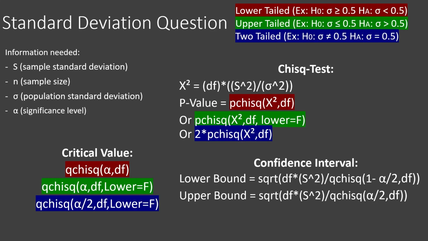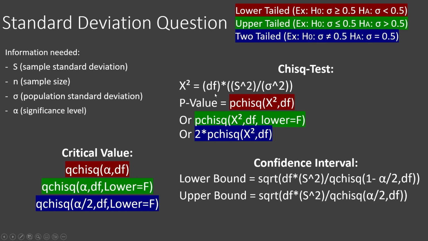And then for the standard deviation question, it's a bit different, actually a lot different. You will need the sample standard deviation, the sample size, the population standard deviation, and your alpha, or significance level, right? To get your test statistic, or your chi-squared, you'll be doing the chi-squared test. Let's start with the test statistic.